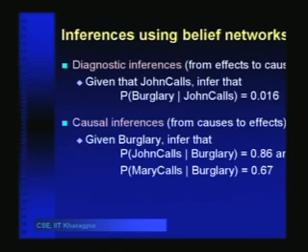For example, when we are talking about medical diagnostics, a diagnostic inference will be that given the symptoms, what is the probability that this is the disease, right. And when you are talking about causal inferences, then given evidence about the causes, what is the probability of the effect, right.